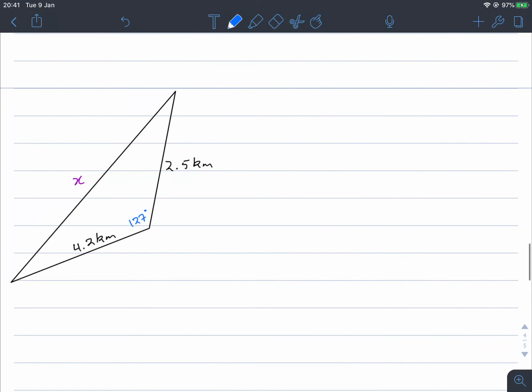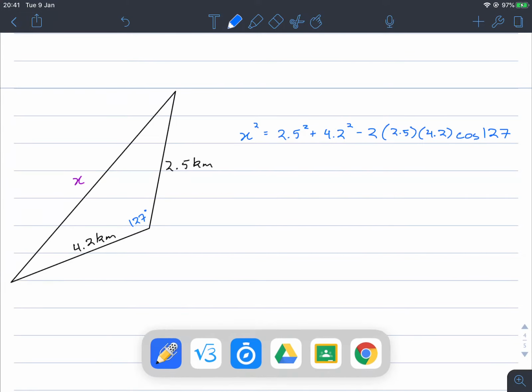Once again, it's the cosine rule. Let's just write it in. x squared equals 2.5 squared plus 4.2 squared minus 2 times 2.5 times 4.2 times cos of 127 degrees.